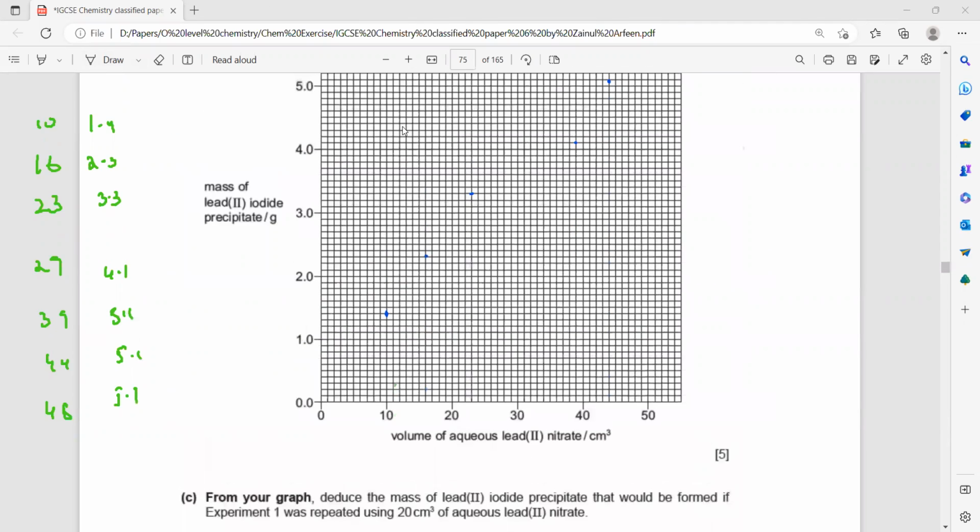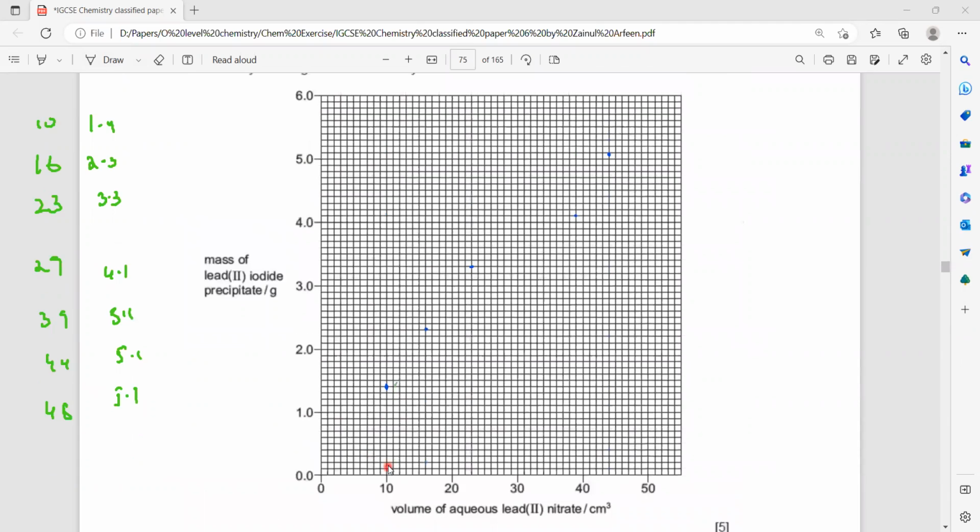So this was 10 and 1.4, then 16 and 2.3, then 23 and 3.3, then 29 and 4.1.